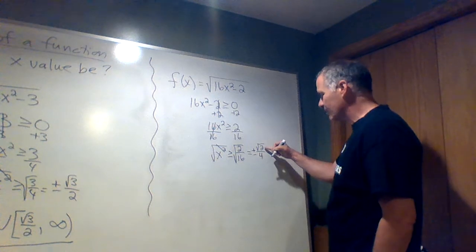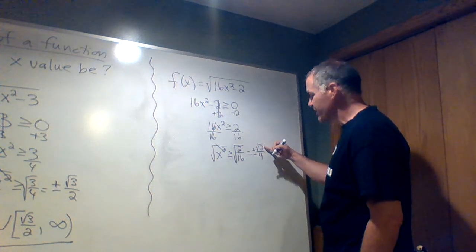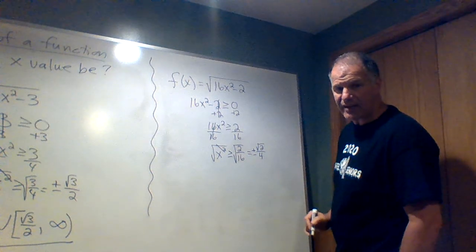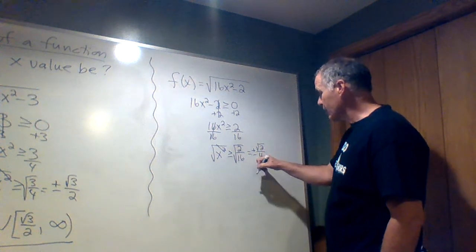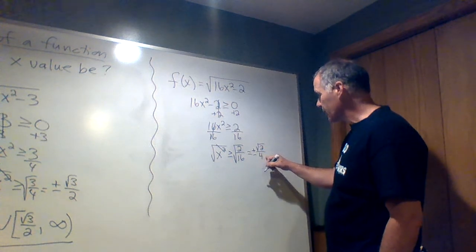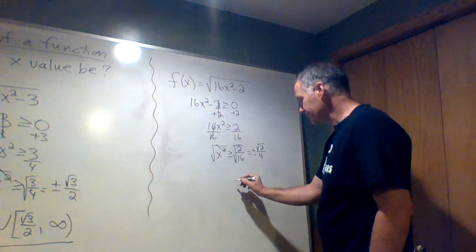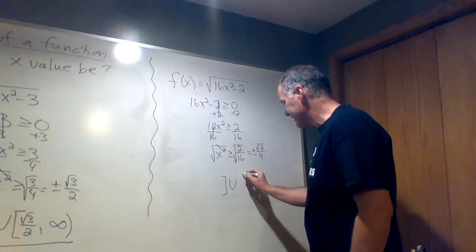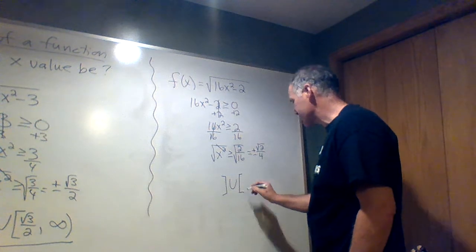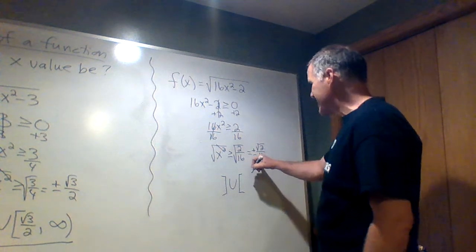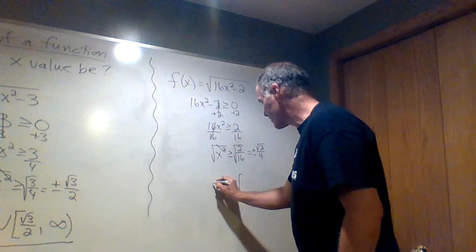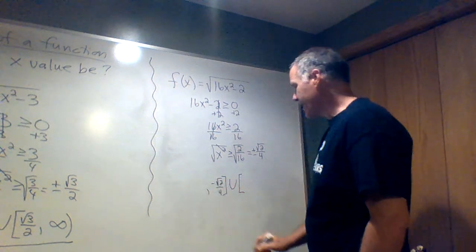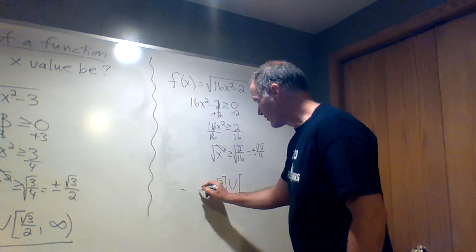Now remember, I can't reduce 2 and 4. 2 is a square root. 4 is not a square root. Those cannot simplify or divide or anything like that. So here is my answer, radical 2 over 4, plus and minus. So again, remember, in the middle is the U shape, we have a bracket to the negative side, a bracket to the positive side. So to the left would be negative radical 2 over 4, comma, out to negative infinity.